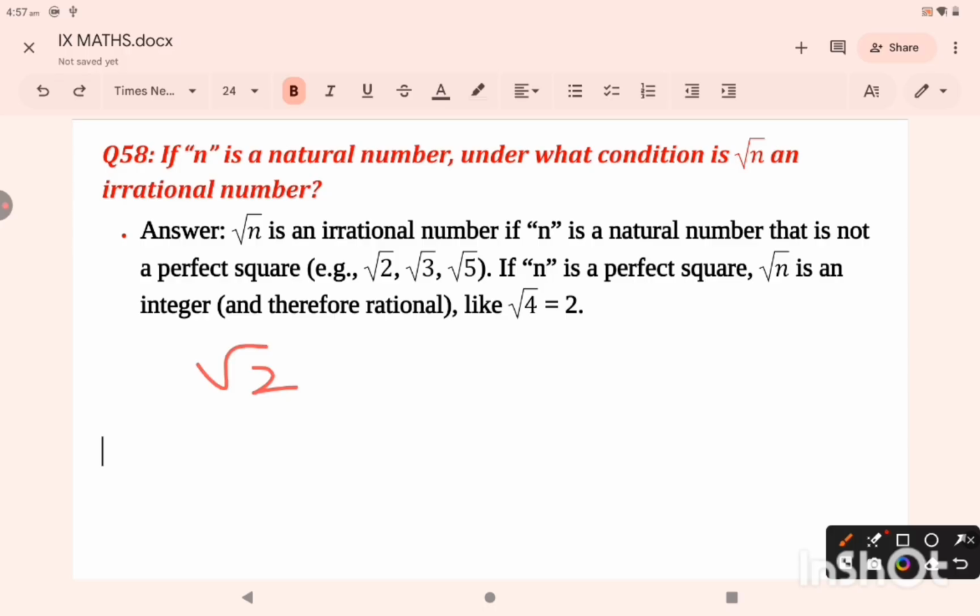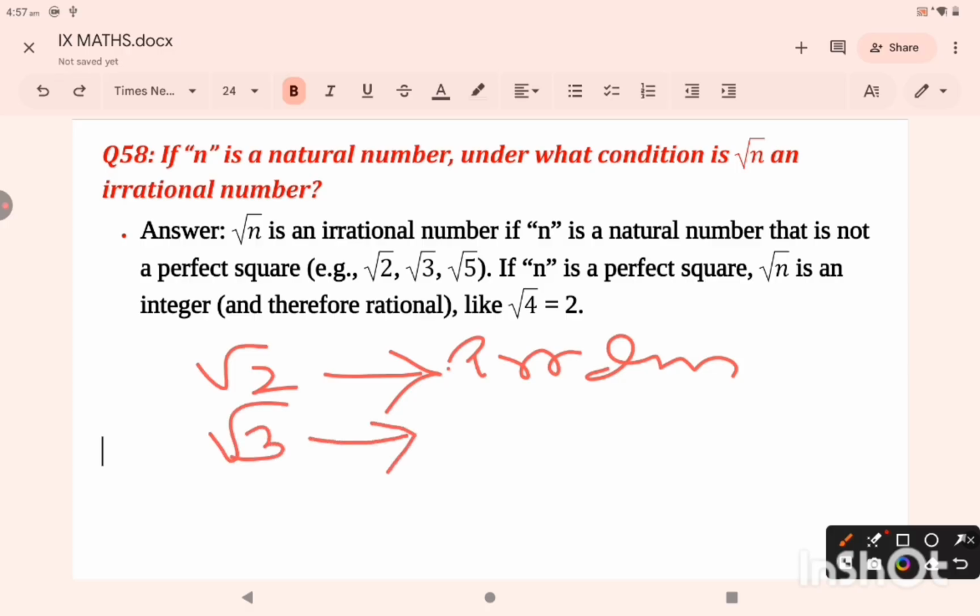Root 2 is irrational. Root 3 is irrational. Root 4 is rational.